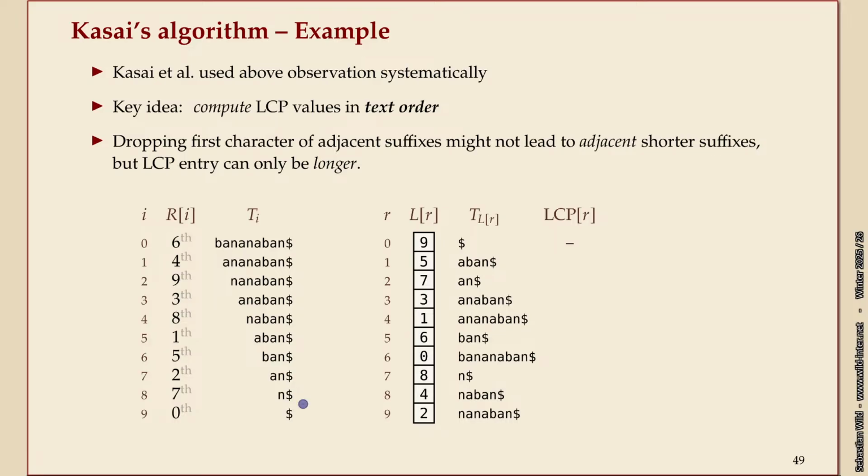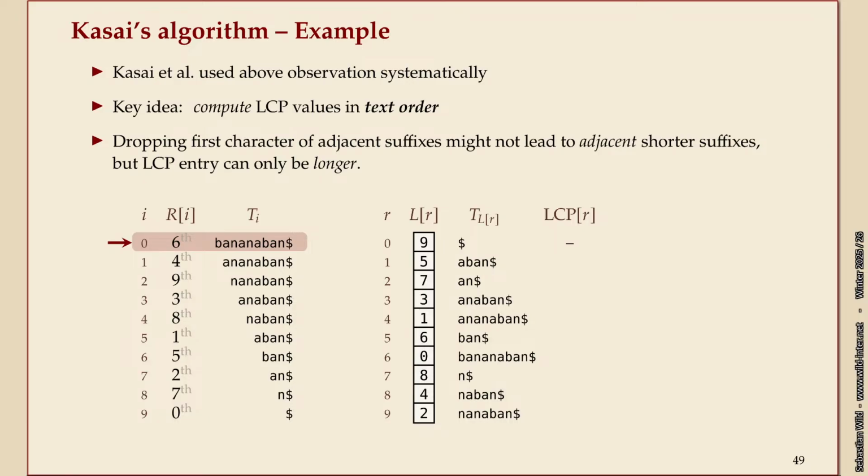Again, my favorite picture from before, the suffixes in text order, suffixes in sorted order. Kasai et al. says, just compute the LCP values in text order and everything will fall in place. Let's do that. The first is obviously this one, the entire text. Now, this doesn't get an LCP value. An LCP value is always between a suffix and the previous one in the alphabetic order.